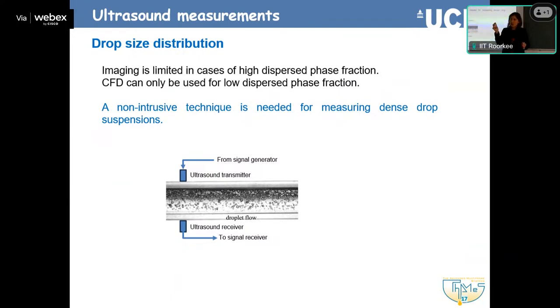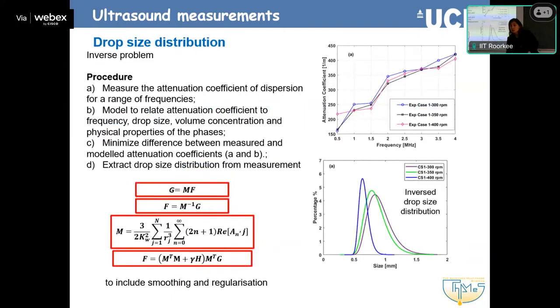So if we have a size distribution, we need different frequencies of ultrasound to capture different drop sizes. To prepare for this measurement, we send ultrasound of different frequencies inside our sample, and we read this attenuation.